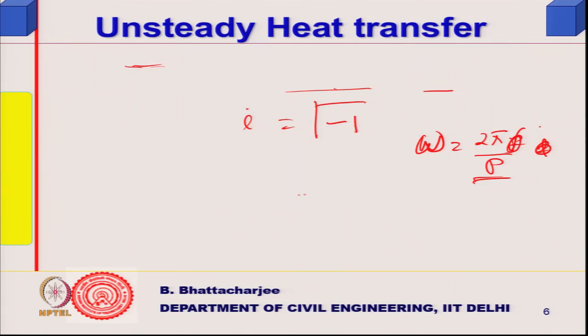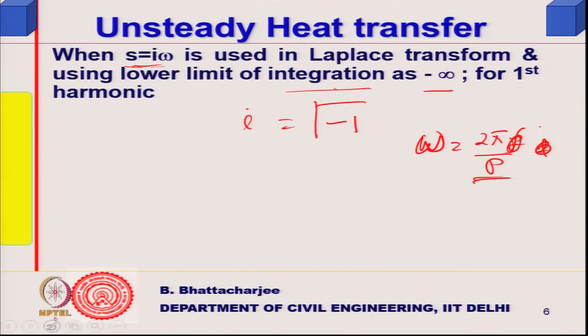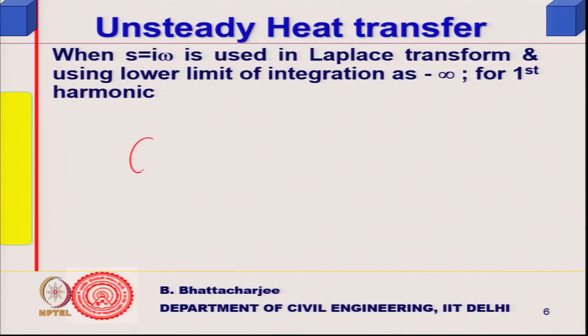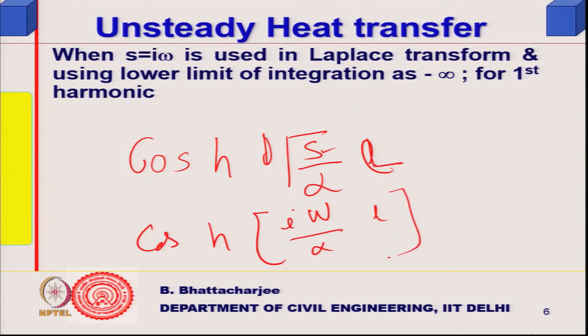Let us do it for cosh of the square root of s by alpha times L, or whatever it is. Now, S I am replacing, so cosh of i omega by alpha L, right, that is what it would be.